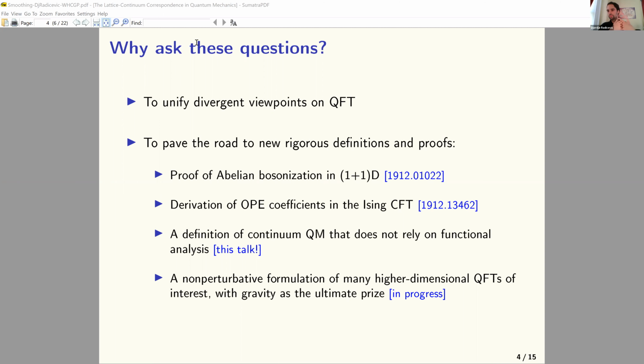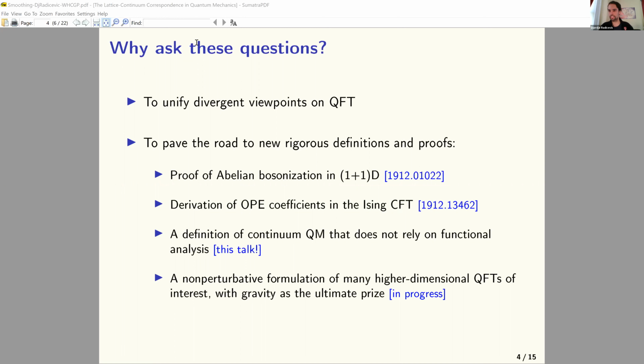For instance, it's possible to start from a lattice and embed abelian Gaussianization in 1+1D into a lattice framework, and therefore essentially prove it together with bounds and when it's valid, in a way that was never made this precise.